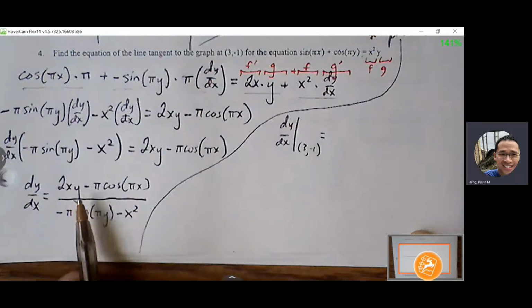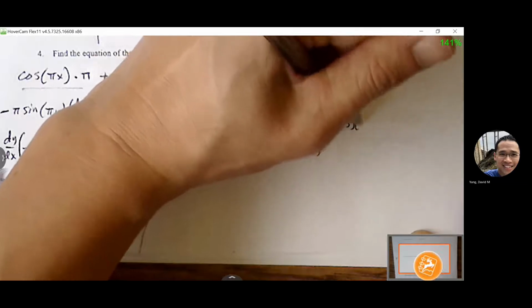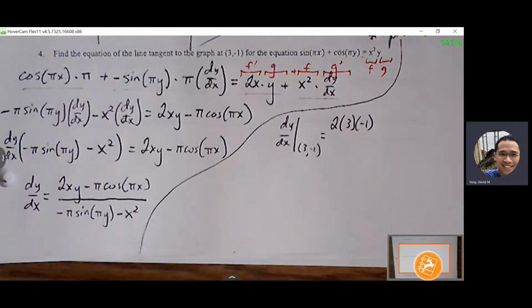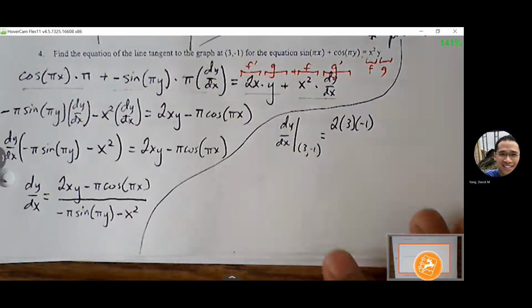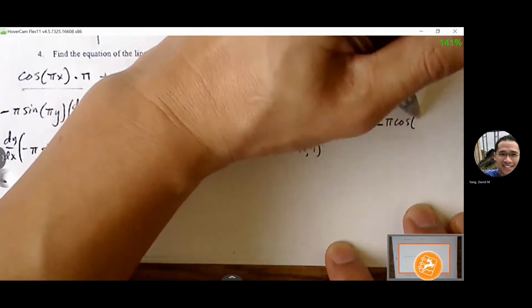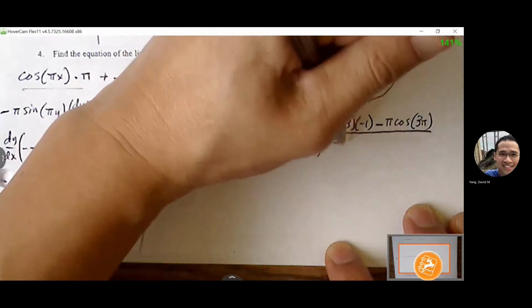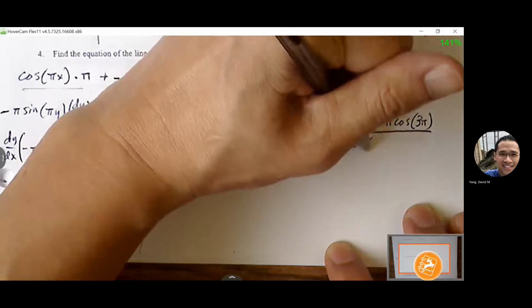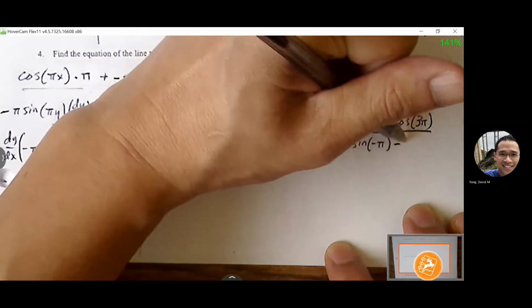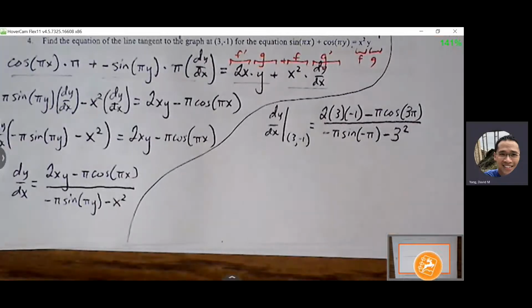Replace all the x's with 3, replace all the y's with -1. Okay, any questions so far?